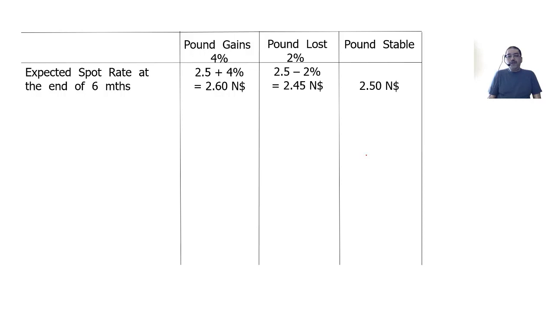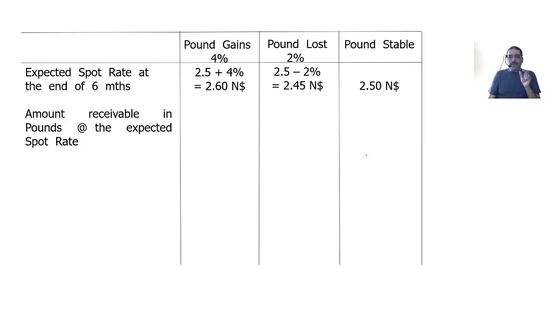Now, the amount receivable in pounds at the expected spot rate. What is the total amount? 5 lakh Northland dollars. So what is the meaning of this? It means that 1 pound is equal to 2.6 Northland dollars.